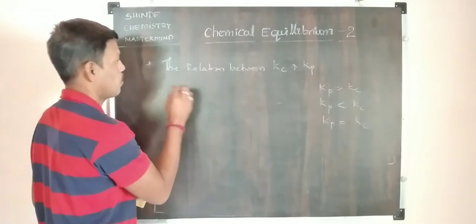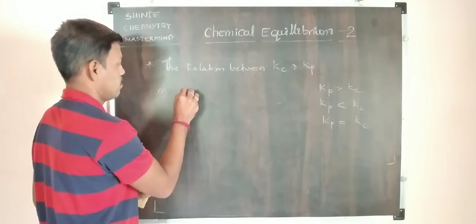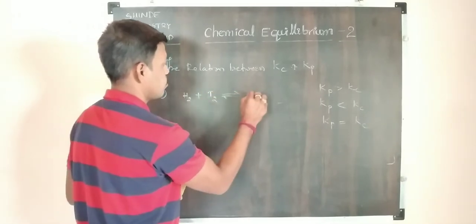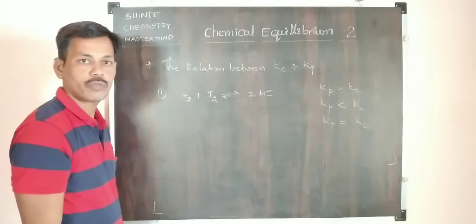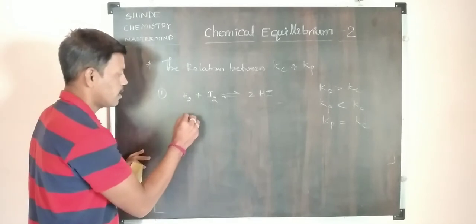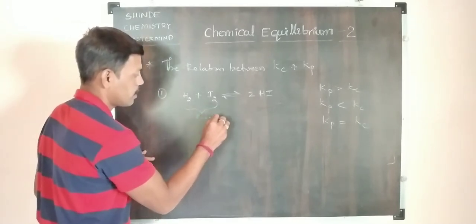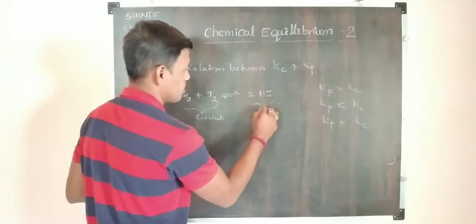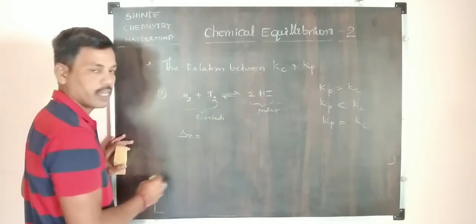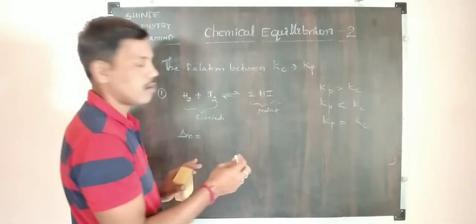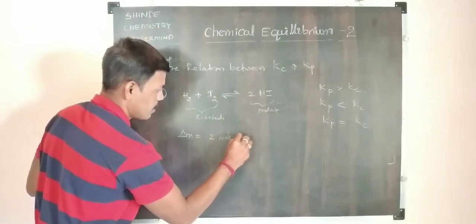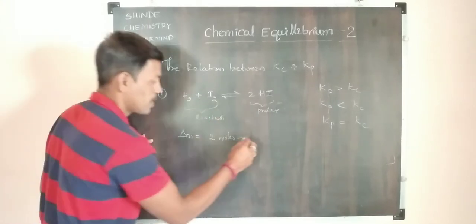In the first one, H2 plus I2 gives 2HI. How can you know the relation between Kc and Kp for this equilibrium? These are the reactants and this is the product. Delta n is equal to the number of moles of product, 2, minus the number of moles of reactant, 1 plus 1, which is also 2.